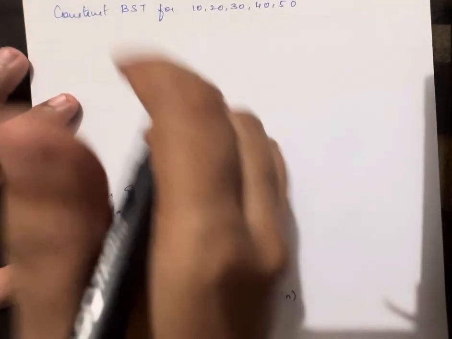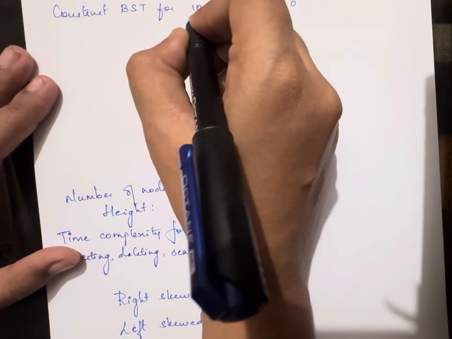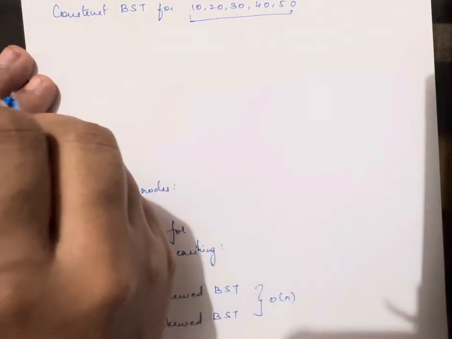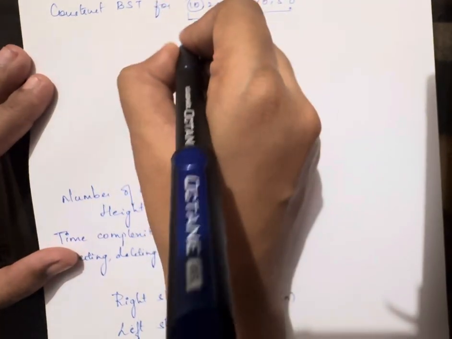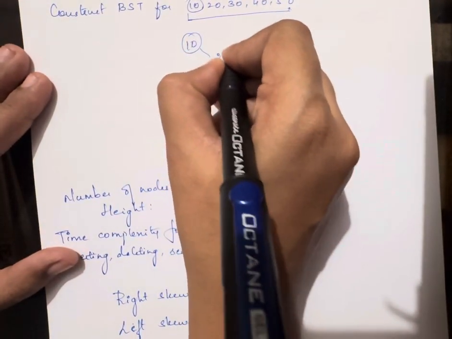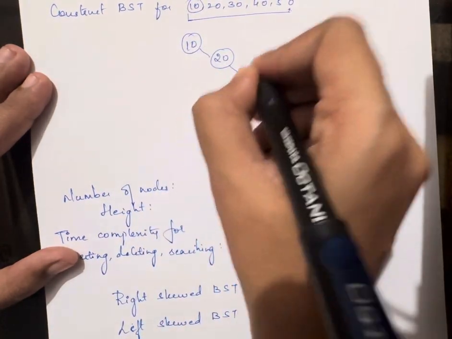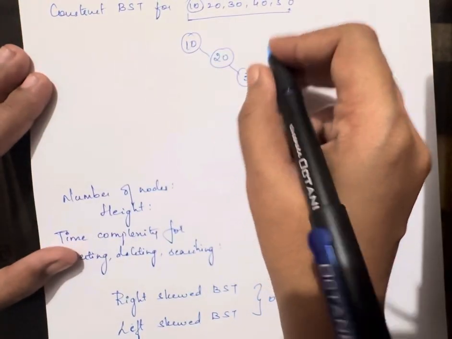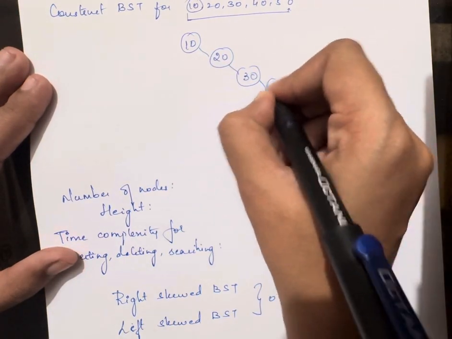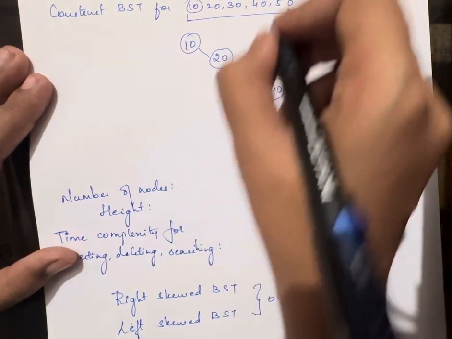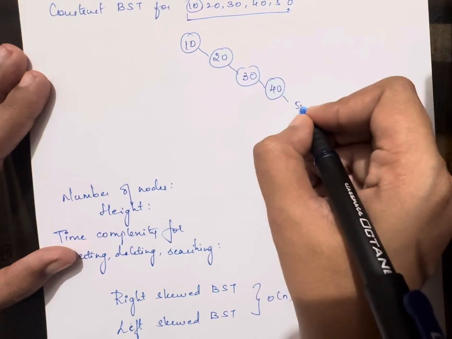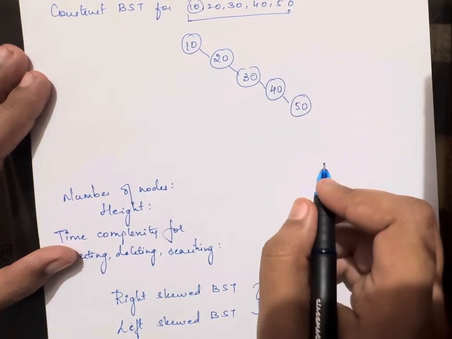Now let's see how we can construct a binary search tree for this sequence of keys. First 10 will be the root node, 20 is greater than 10, 30 is greater than 20, that will go to the right subtree, 40 is again bigger than 30, next 50 is larger than 40.